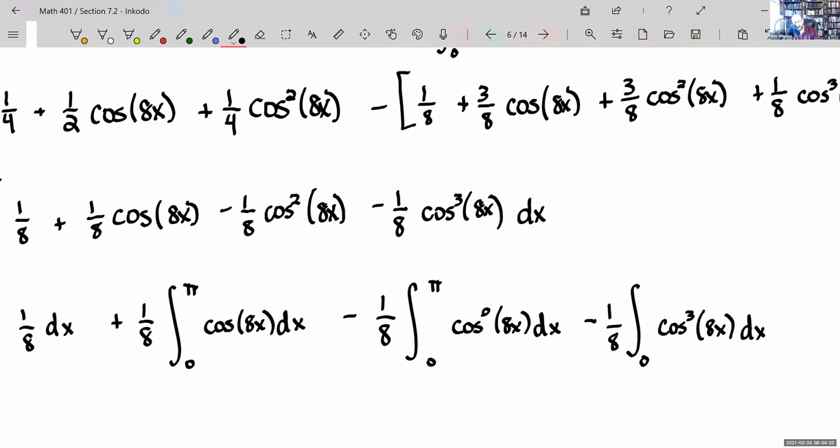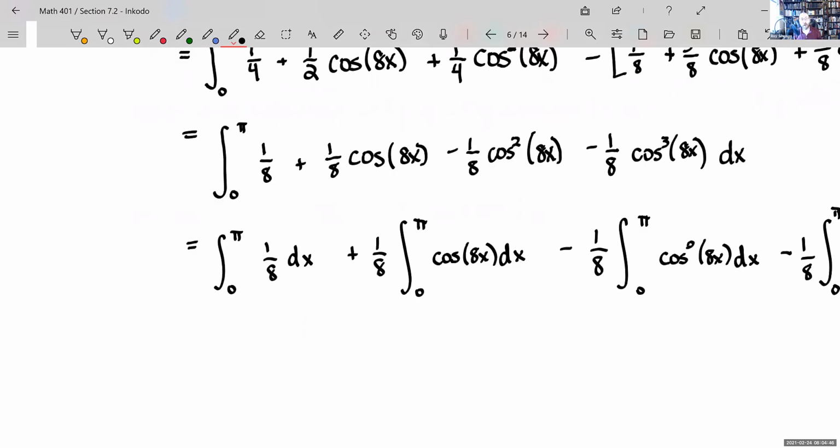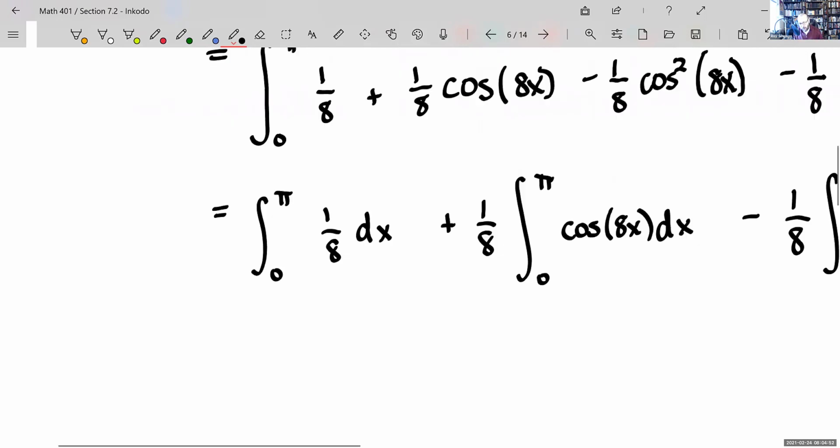The nice thing about having a definite integral rather than an indefinite integral is you can use symmetry. I want to always force you to think about the symmetry of a situation. Well, with 1/8, there's no symmetry.